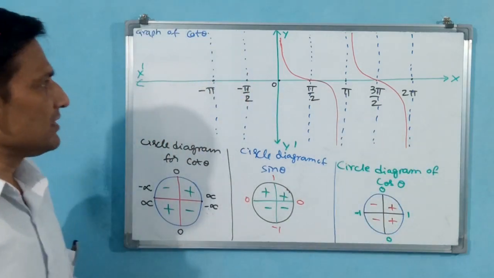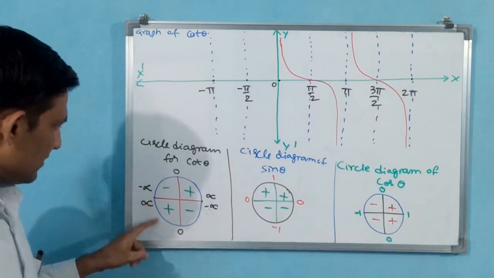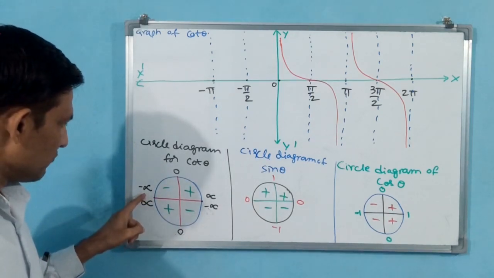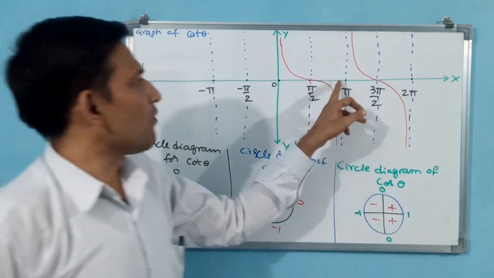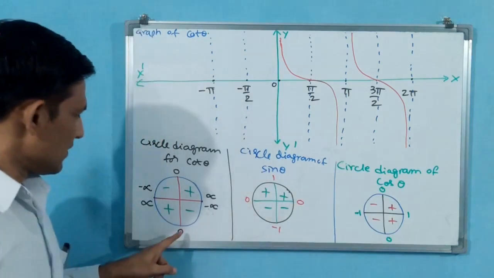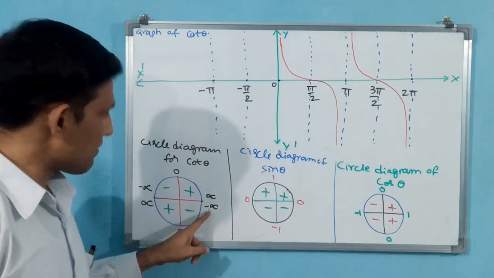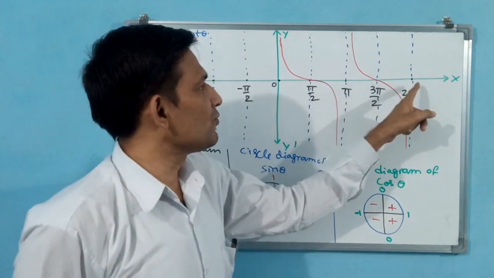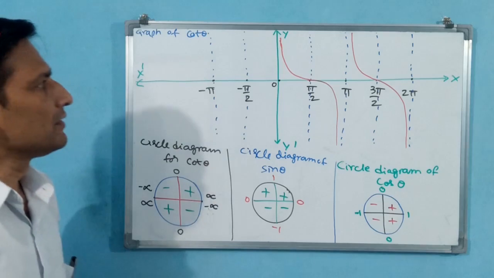After pi, from 180 to 270 degree, plus infinity to 0. From 270 to 360 degree, 0 to minus infinity.